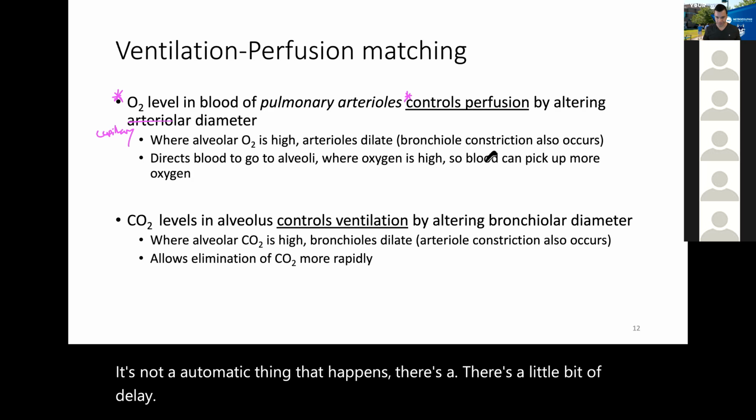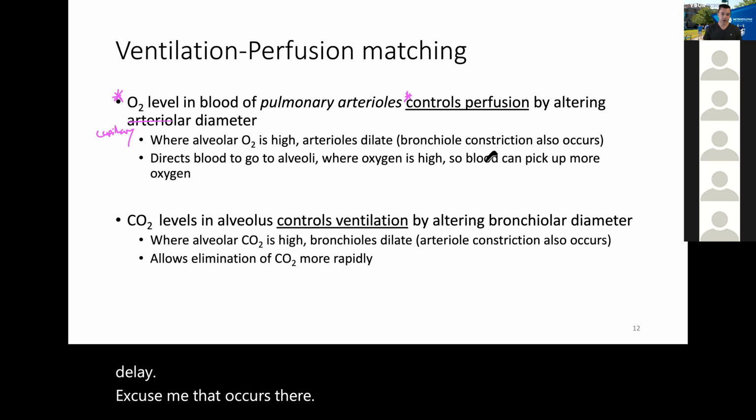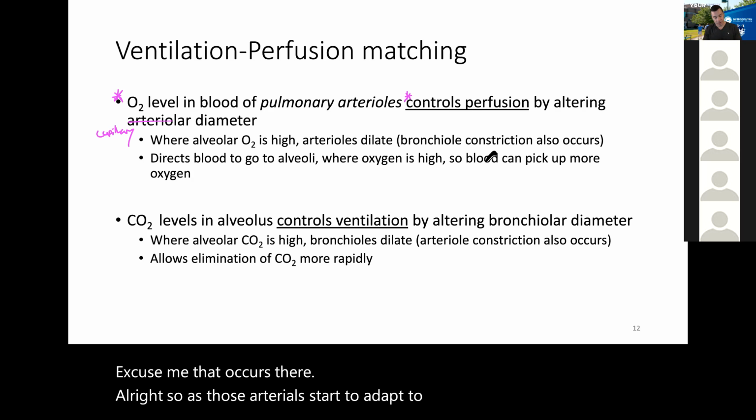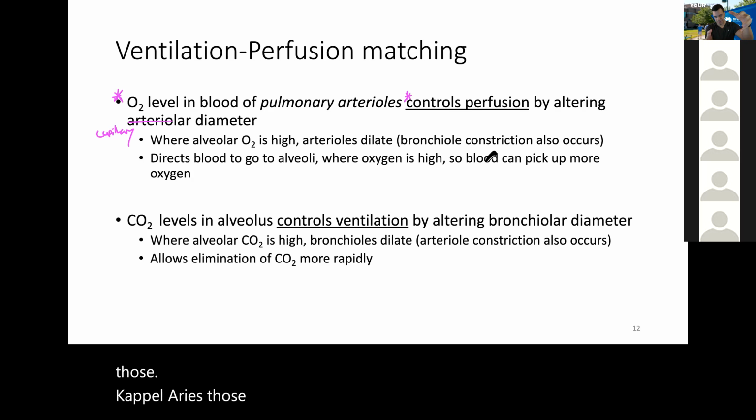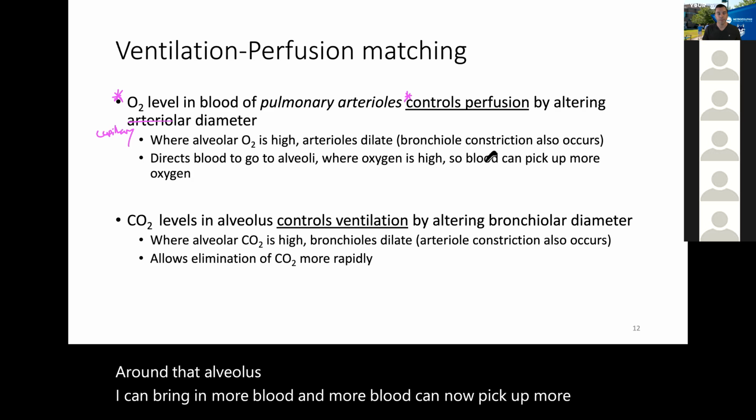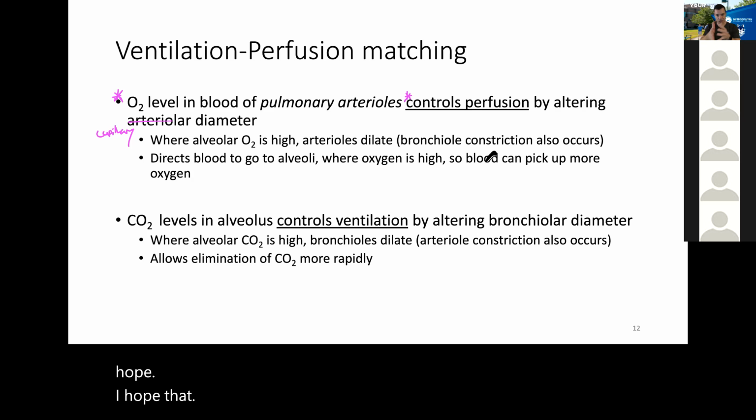As those arterioles adapt to that increase in oxygen, they dilate around that alveolus. I can bring in more blood, and more blood can now pick up more oxygen. I hope that jives with your thinking.